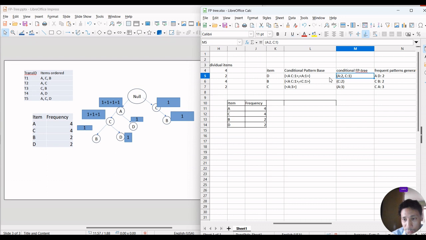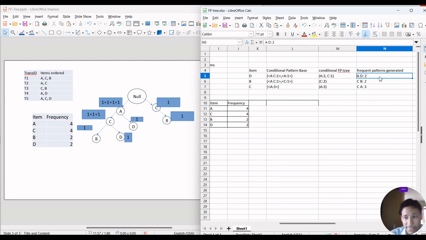There are two conditional paths, from A and from C, by which we can reach D, so we have the pattern AD 2, that is we can reach D via A and via A, C. If the minimum support for this transaction database is 2, we can say AD is an interesting pattern because AD occurred twice.